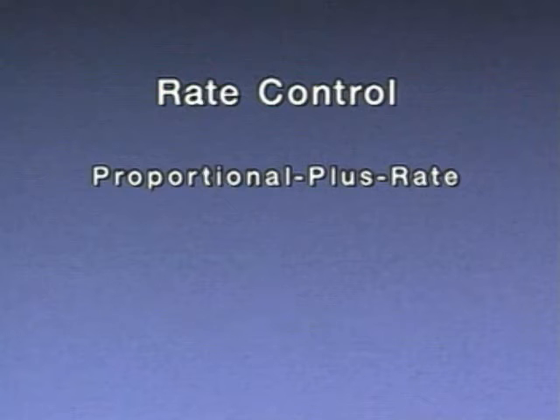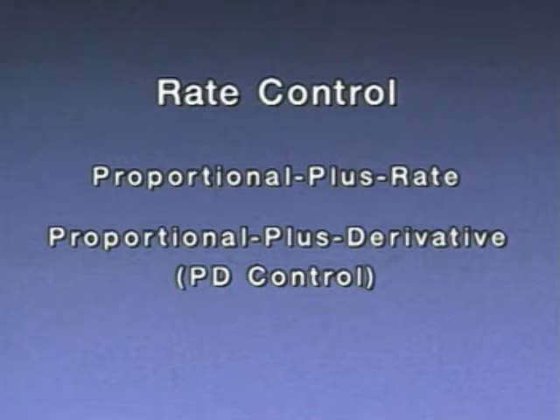Rate control is a control feature that responds to the speed at which a variable deviates from set point. The faster the variable changes, the greater the amount of rate control action. Rate control is normally combined with proportional control, so it's often called proportional plus rate control. Also, it's sometimes called proportional plus derivative, or PD control.